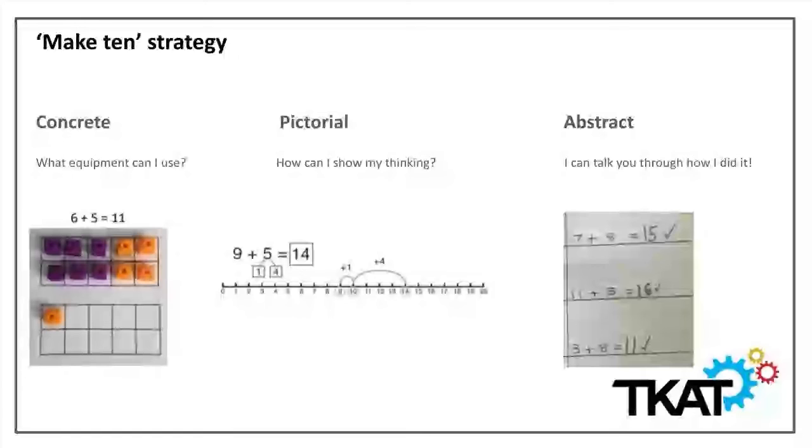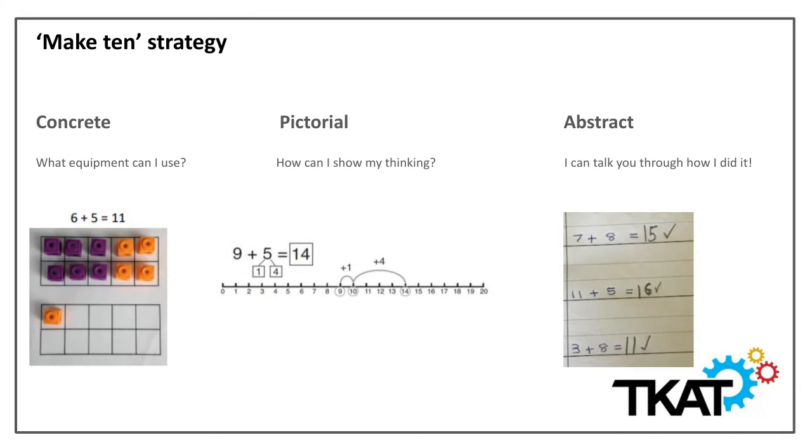When using the Making 10 strategy, children are encouraged to start at the greater number and partition the smaller number to make 10. Partitioning is when we split a number into smaller parts. The example here shows how the Make 10 strategy is used to calculate 6 plus 5. The children start at the greater number, in this case 6, and they place 6 cubes into the 10 grid.